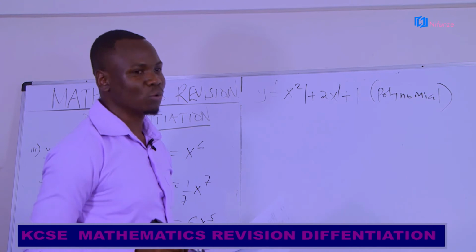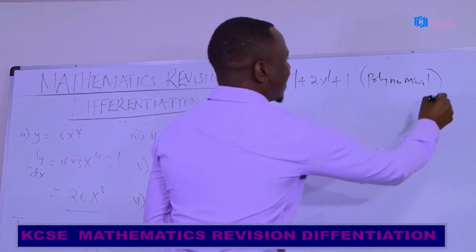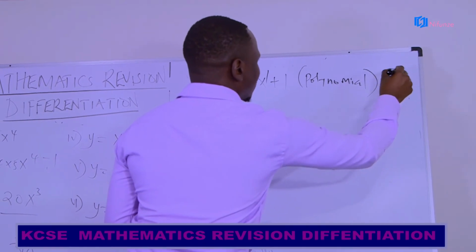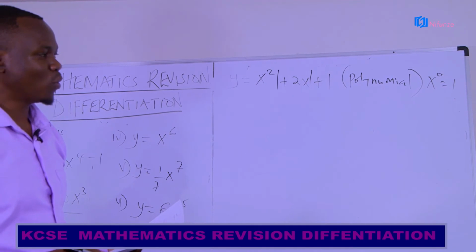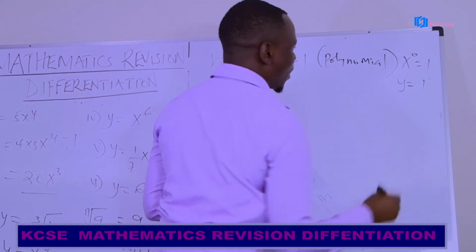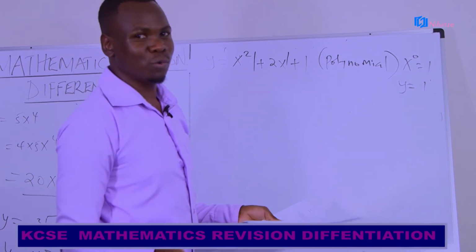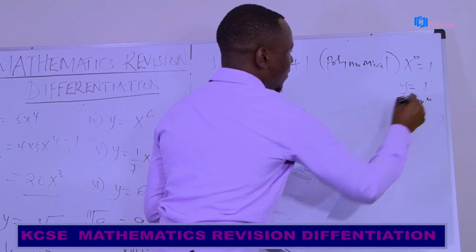And I'm yet to introduce you to another concept which we said in Form 2, that a number raised to power 0 is equal to 1. So if you are given y is equal to 1 and you are told to differentiate, how do you do it? You will say y is equal to x raised to power 0.